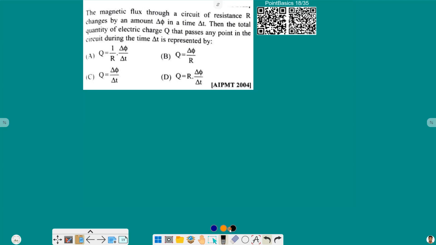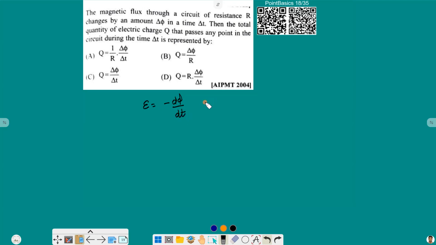So here we have the magnetic flux through a circuit of resistance R changes by an amount delta phi in time t. The total quantity of charge that passes at any point in the circuit during the time is represented by. So we have to find the total amount of charge. Induced EMF E is equal to minus d phi by dt.